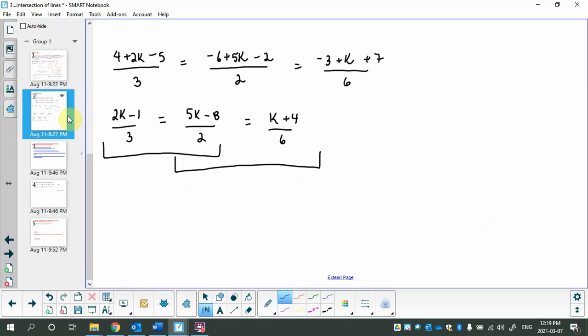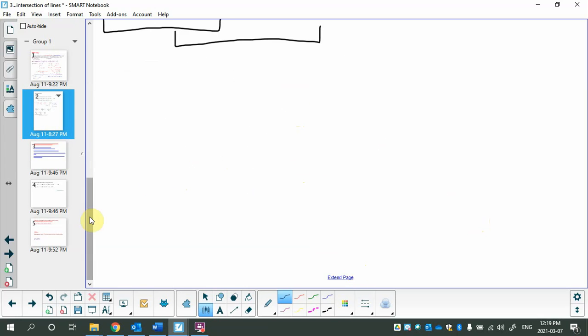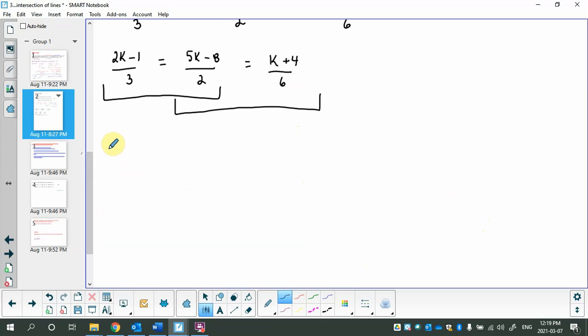I technically don't have to do the other ones. It's just really if you have extra energy. So for these two right here, it'll be 2 times 2k minus 1 equals 3 times 5k minus 8. And yes, of course, you can do that in your head if you can pull it off without making any mistakes.